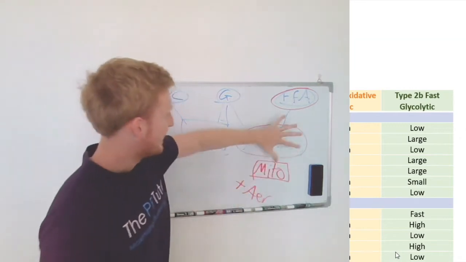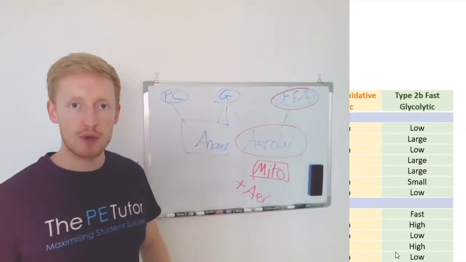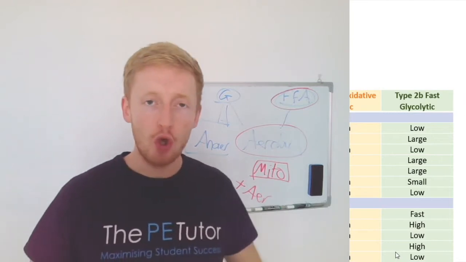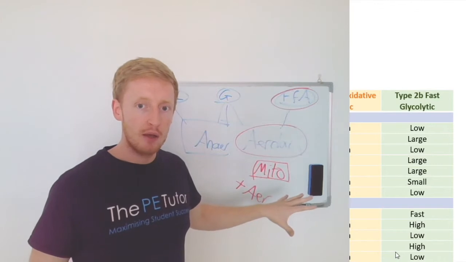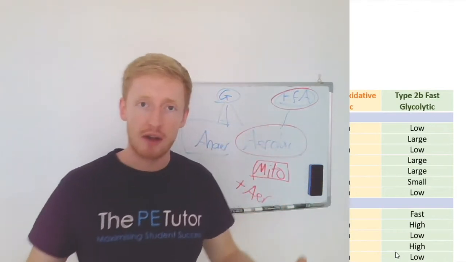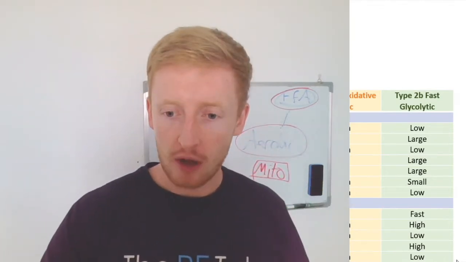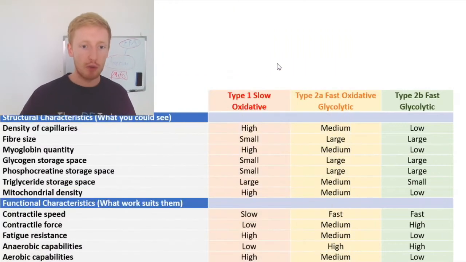If we are lacking in any one of those three, then chances are we're not going to be dealing with a slow oxidative muscle fibre. It's probably going to be something more like the one in the middle, a fast oxidative, where we've got best of both worlds.